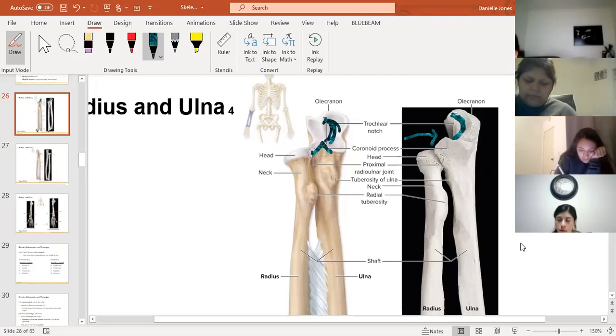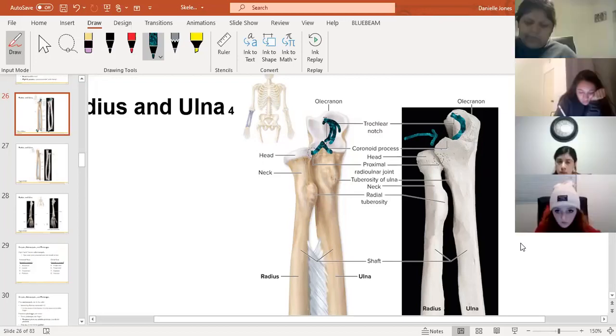Coronoid, and again, coronoid, not coracoid with the AC. This is coronoid, O-N, on the ulna, an N in there. Coronoid process. So that coronoid process is going to be able to go into the coronoid fossa on the humerus.